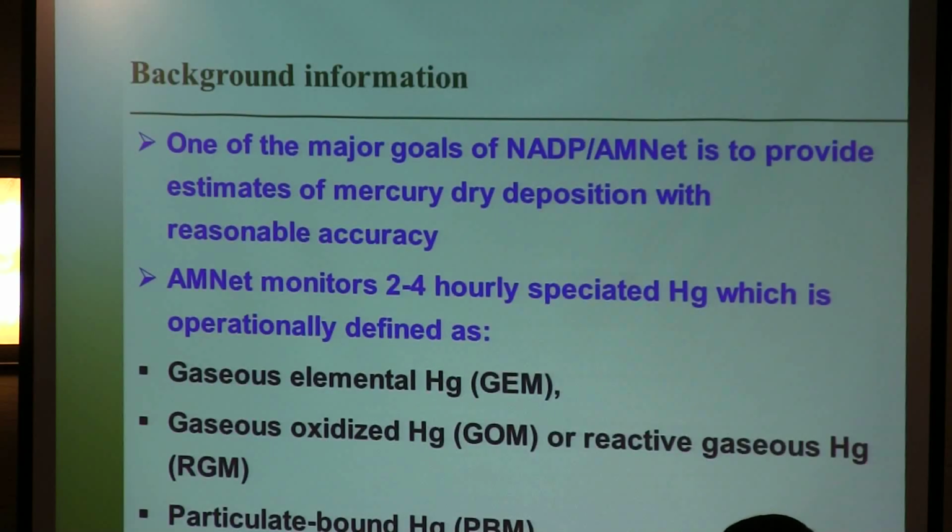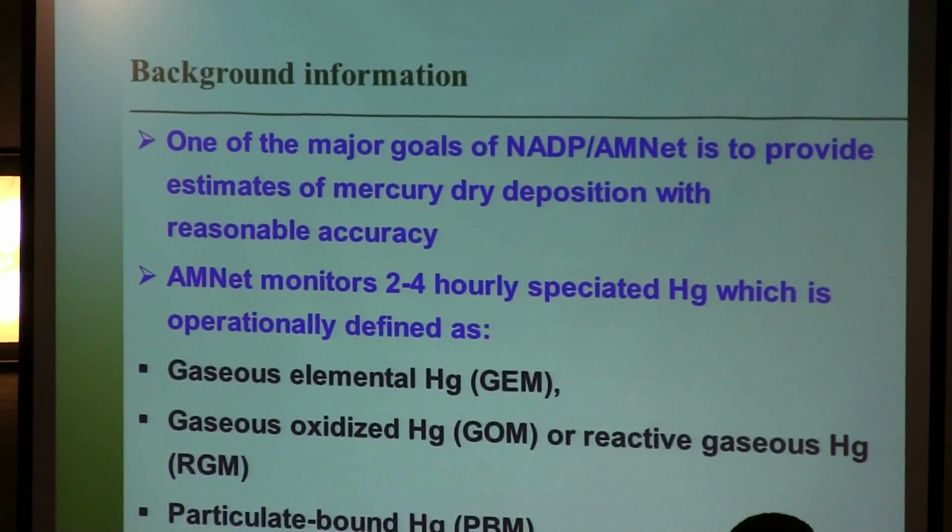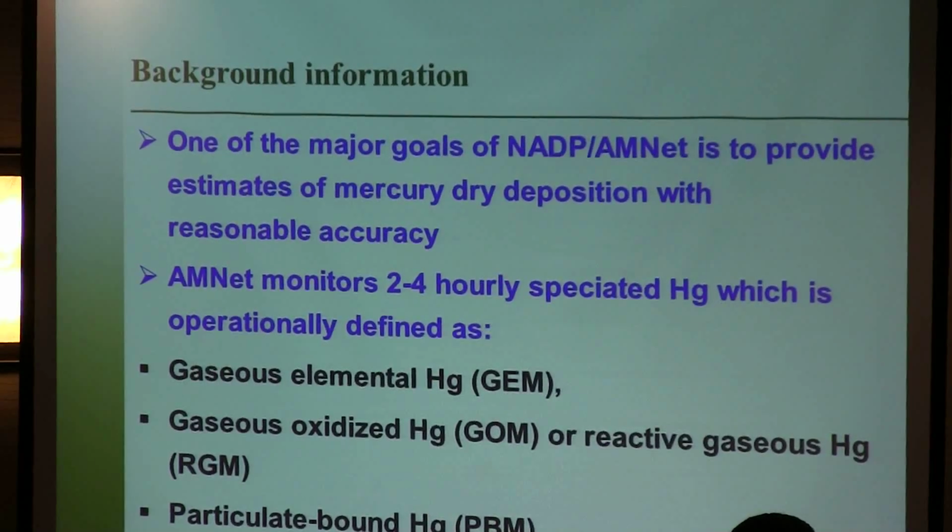All the studies show that the uncertainty on monthly or even annual average is still as large as a factor of 2 for the flux or deposition velocity estimate, even for ozone, SO2, and nitric acid gas. Those species are the most studied.